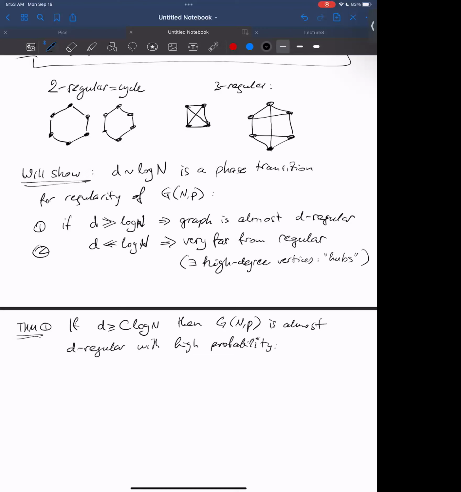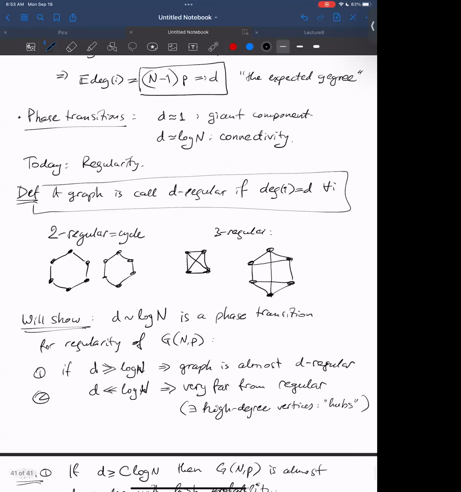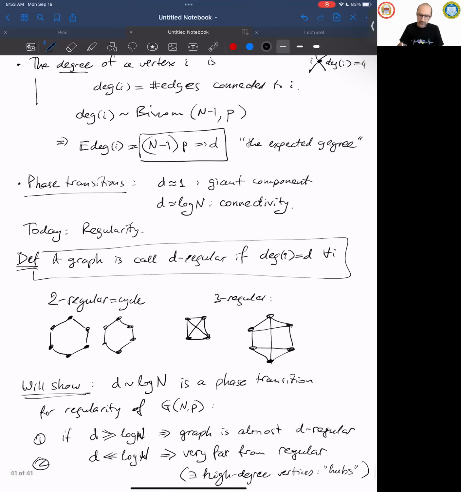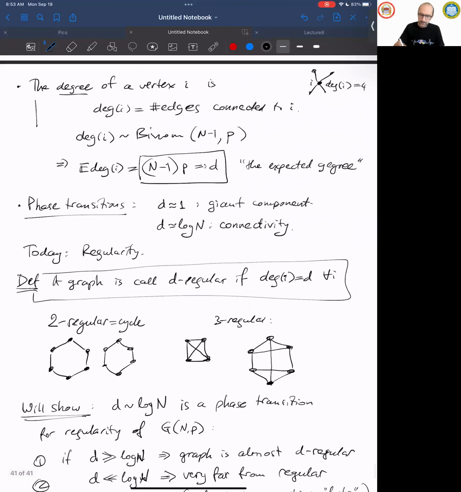Can I ask a question? Could you please clarify how G(n,p) depends on d? It looks like G(n,p) is a separate object. Yes, n, p, and d are connected with this equation.